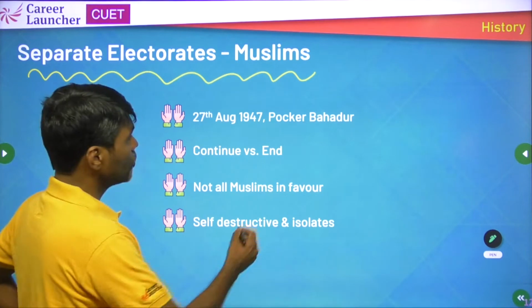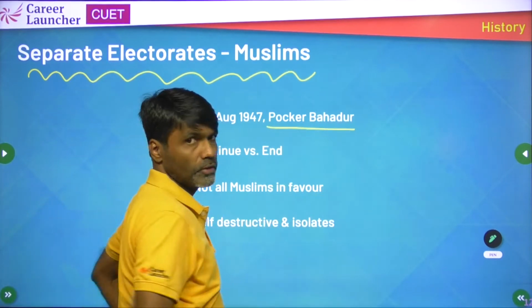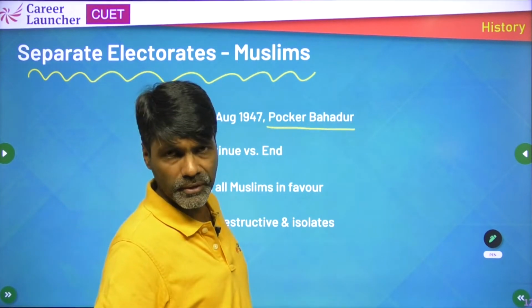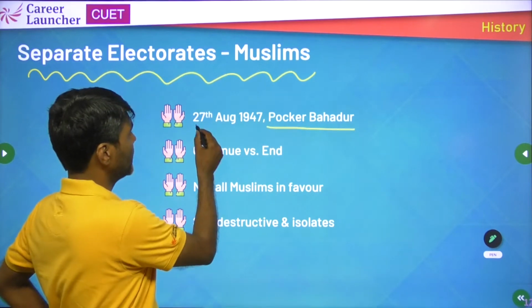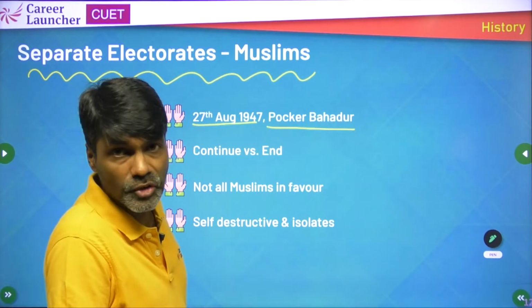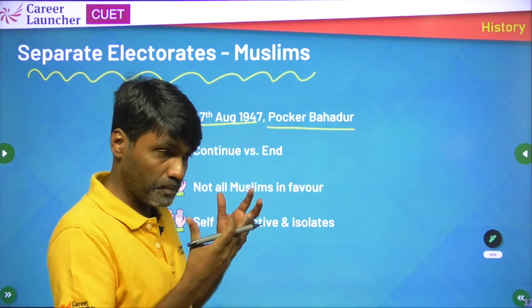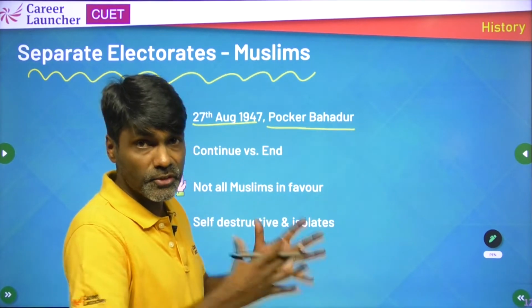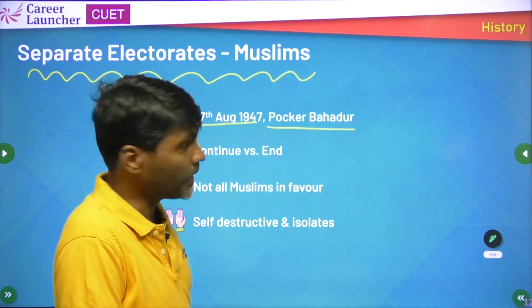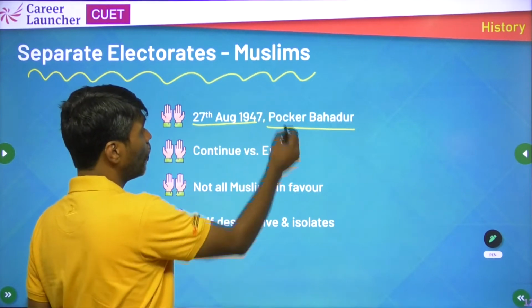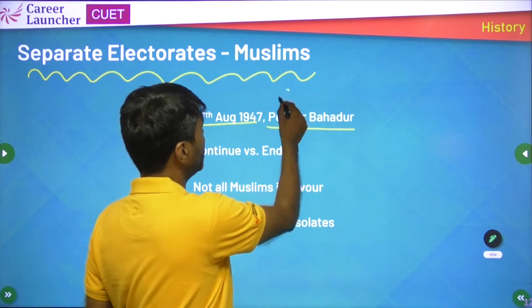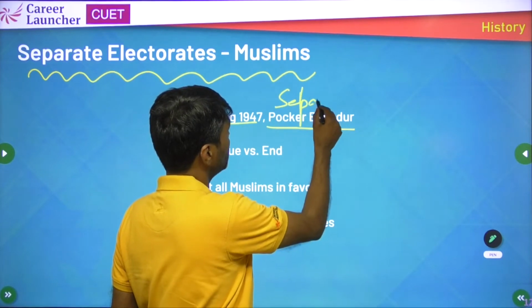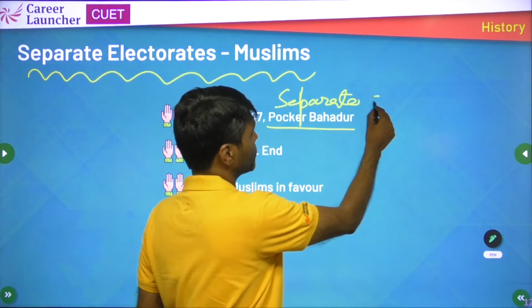Okay? So, there was one member from Madras, Pokar Bahadur. His speech on 27th August 1947 is one of the well-referred speeches for the next few decades, and he spoke about why the separate electorate must continue for Muslims.